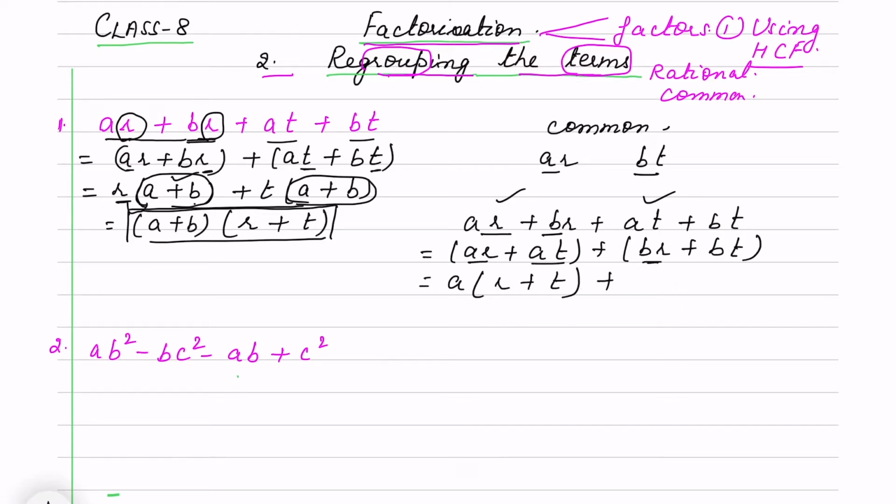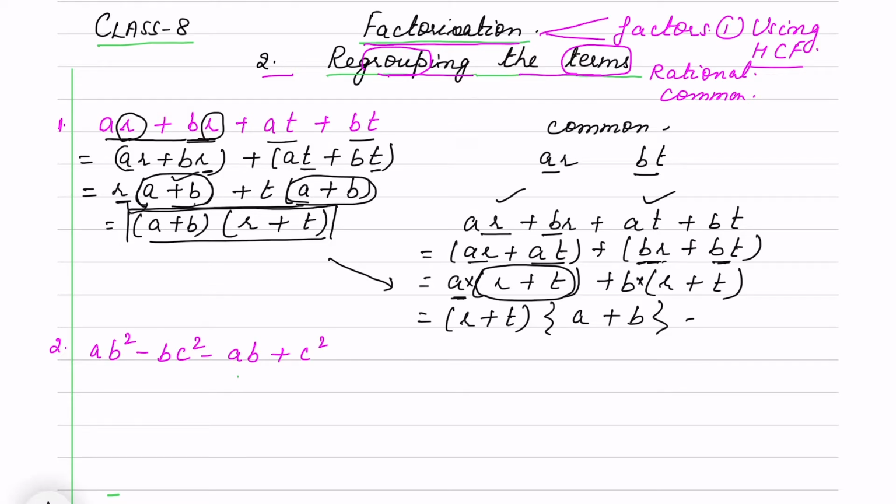Again in BR and BT, B will be outside and R plus T common. Now I am taking R plus T outside, and what will be left inside? A plus B. So I am getting the same answer after factorization.